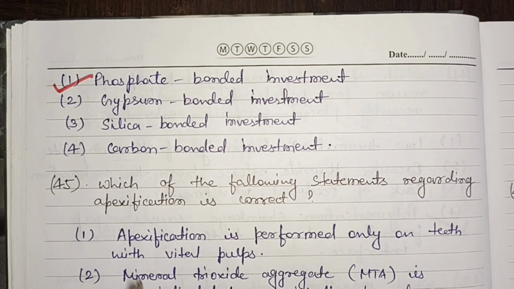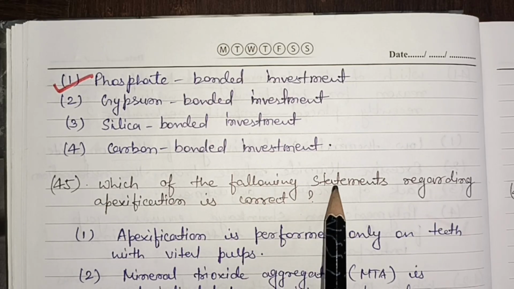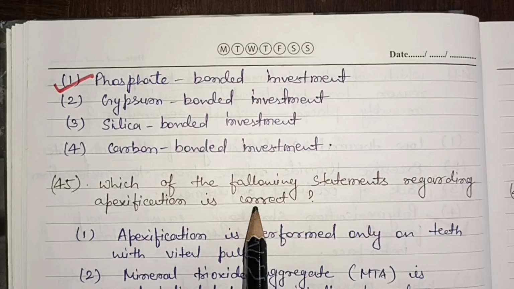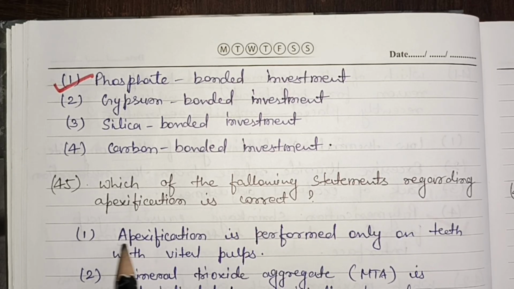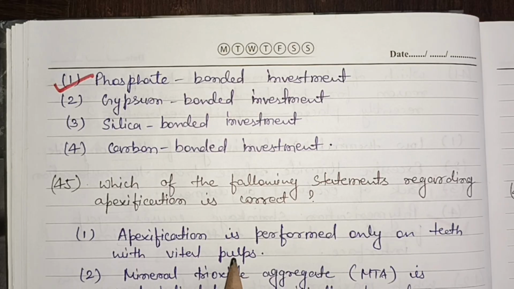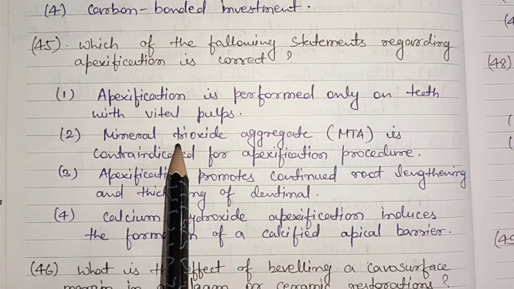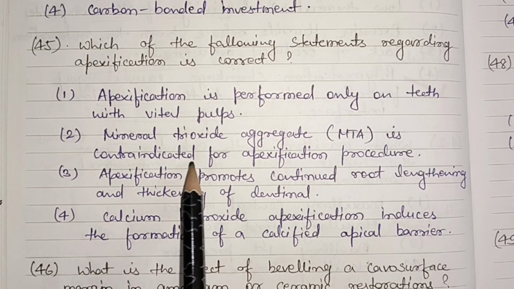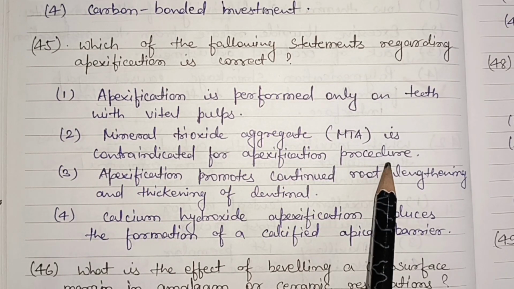Question 45 is, which of the following statements regarding apexification is correct? Option 1. Apexification is performed only on teeth with vital pulps. Option 2. Mineral trioxide aggregate MTA is contraindicated for apexification procedure.